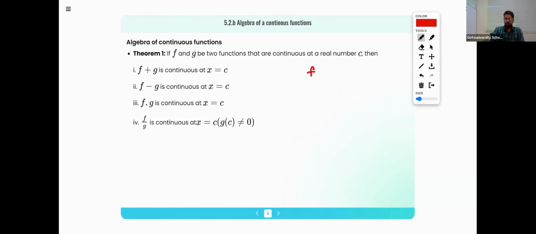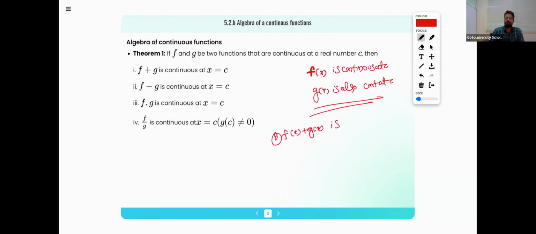So if f of x is a continuous function at a particular real number C in its domain, and g of x is also continuous at C, then we can say f of x plus g of x is also continuous at the defined point C.